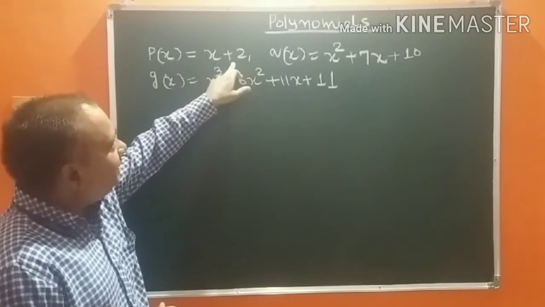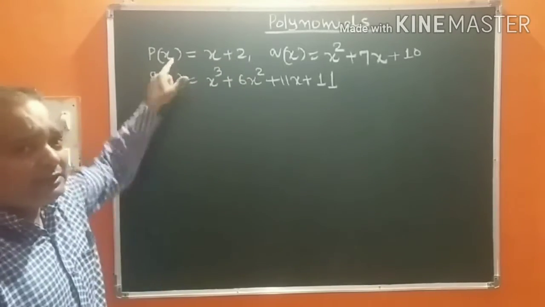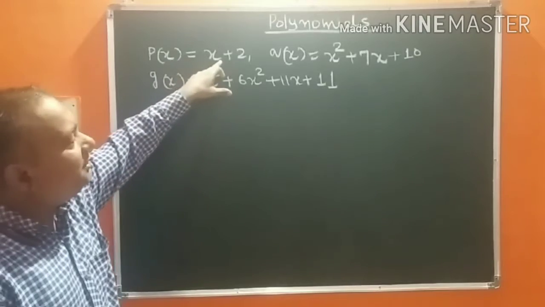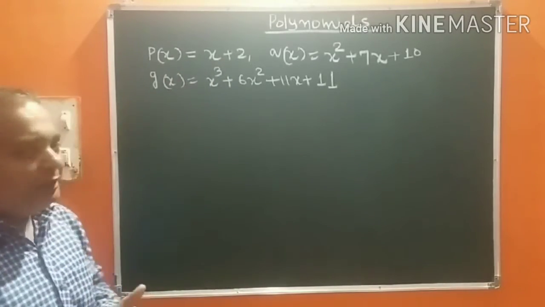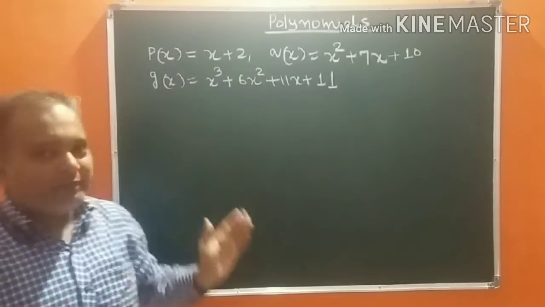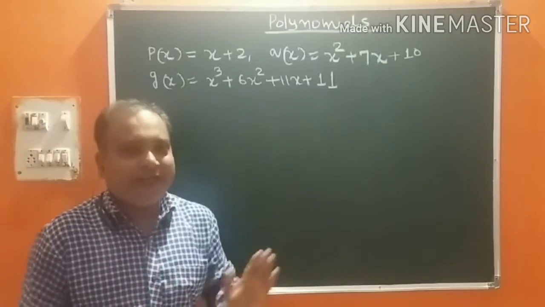If the polynomial is in variable x, it will be p(x). Suppose the variable is y, it will be p(y). Suppose the variable is z, then we can write p(z). The common notations for polynomial are p(x), q(x), g(x), but it is not compulsory that we always use these three symbols. We can use any symbols.